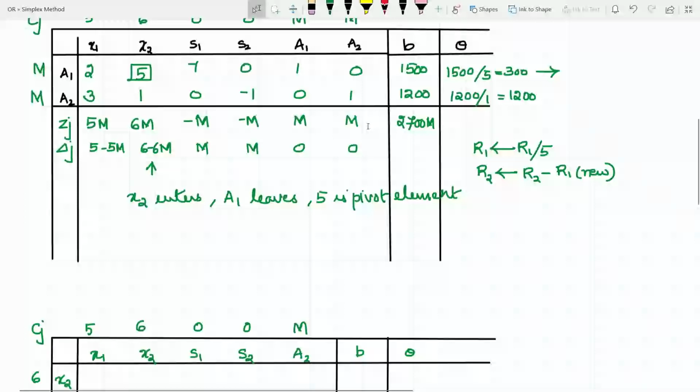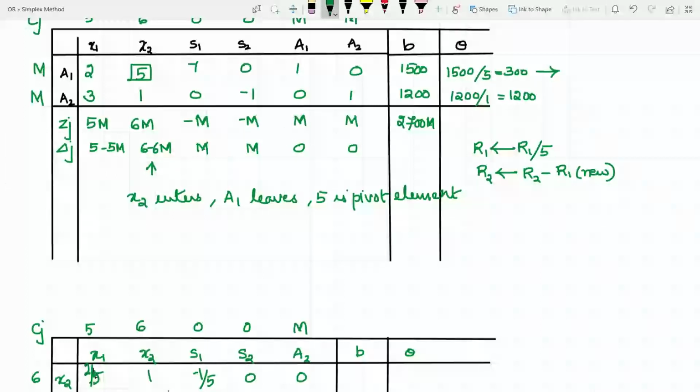So this is 2 by 5. Next is 5 by 5 is 1, minus 1 by 5. S2 ന്റെ 0 ആണ്, സോ 0 തന്നെ വരും. A2 ന്റെ 0 ആണ്, 0 തന്നെ വരും അതും. So you have 2 by 5, 1, minus 1 by 5, 0 and 0. ഇനി ഇവിടെയും കൂടെ 1500 divided by 5, that is 300.